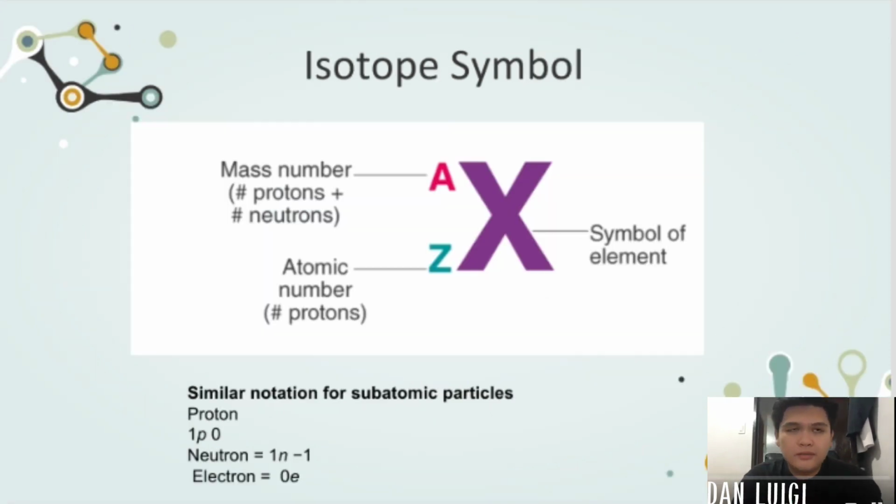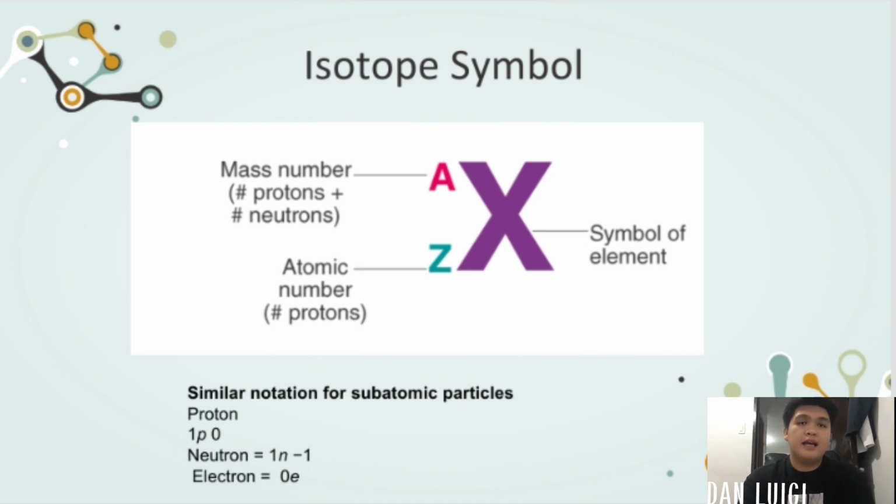Now the next one, we're going to discuss the isotope symbol. We will review the past lesson. What are these parts? In the illustration, X is the element symbol. Note that there is no X in the periodic table. This is an illustration only.